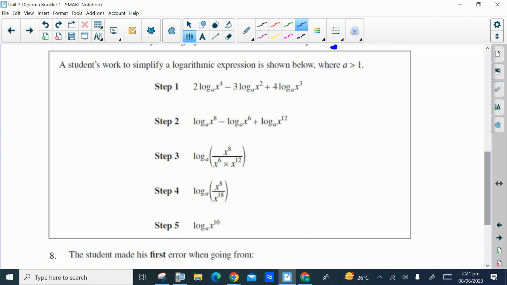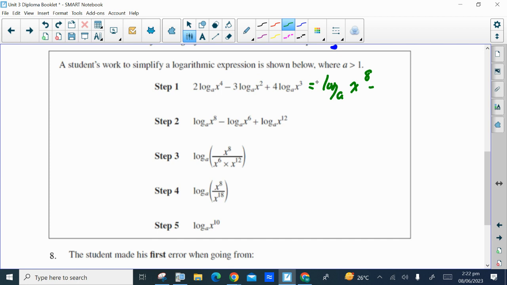Students work to simplify a logarithmic expression as shown. Where did they make their first error? So step 1. If you bring the coefficients up as exponents, x to the 4th all squared would be x to the 8th because you have to multiply the exponents.